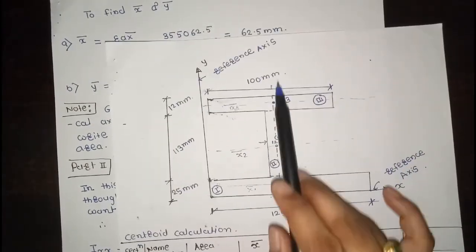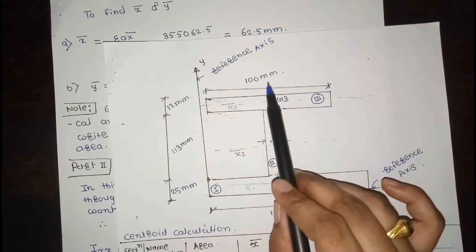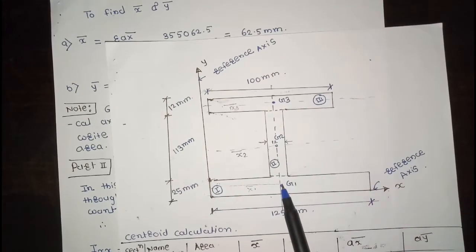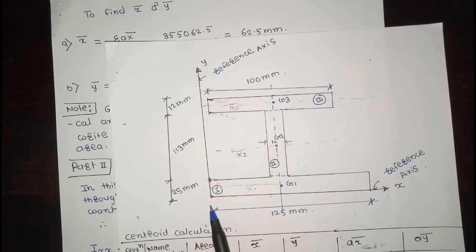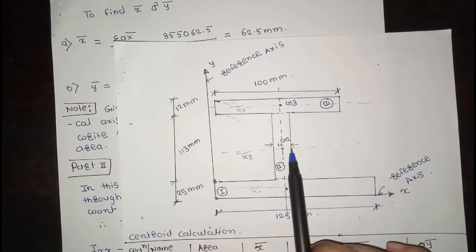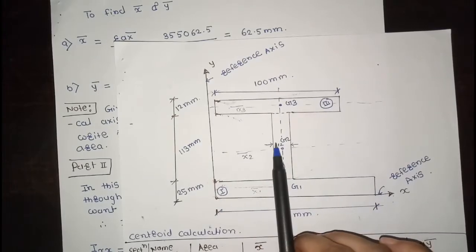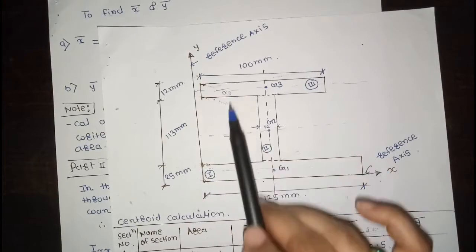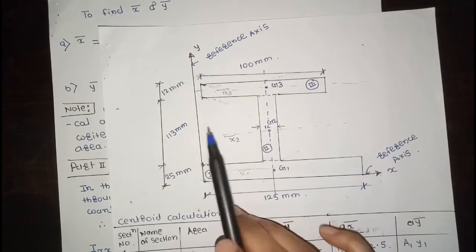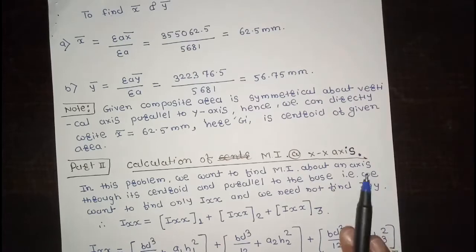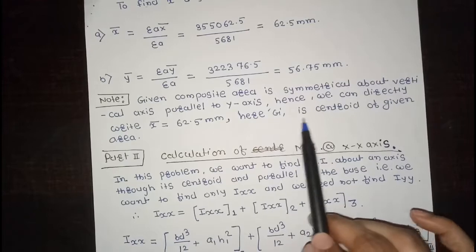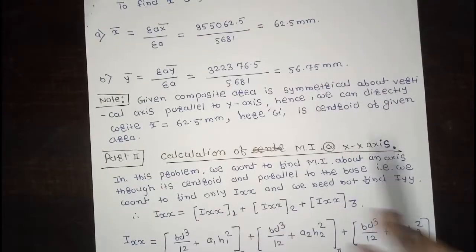It means that the vertical axis, y-axis, is passing through all 3 points G3, G2 and G1 and is parallel to the y-axis, then x1 bar, x2 bar, x3 bar are the same value and x bar is also the same value. So X bar is equal to 62.5 mm. Here G is the centroid of given area.